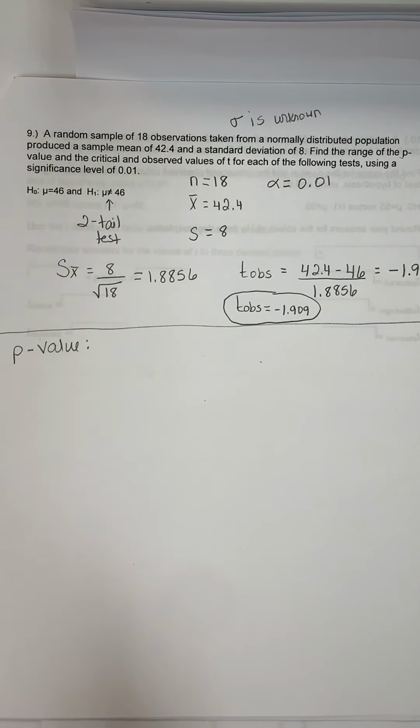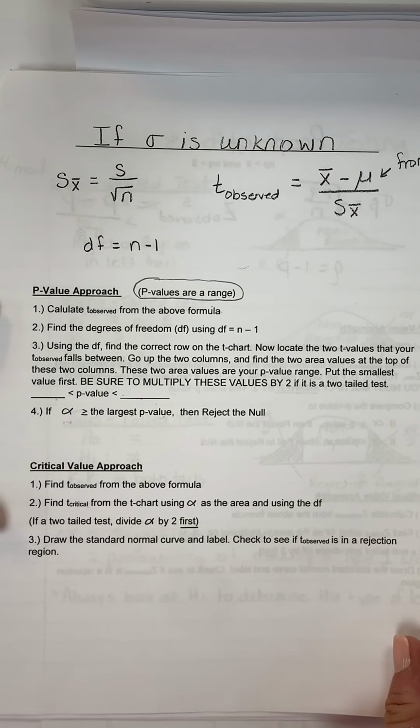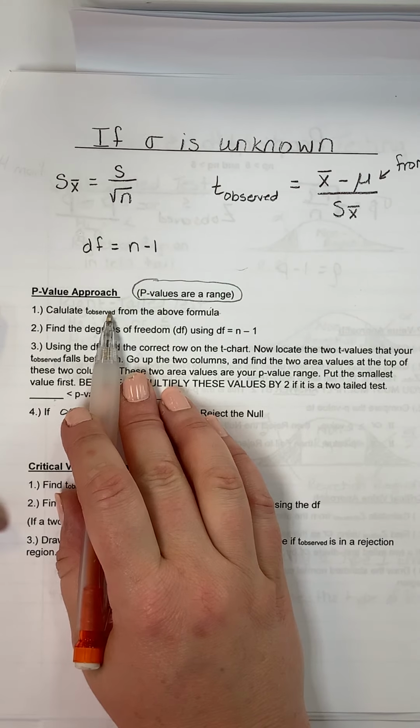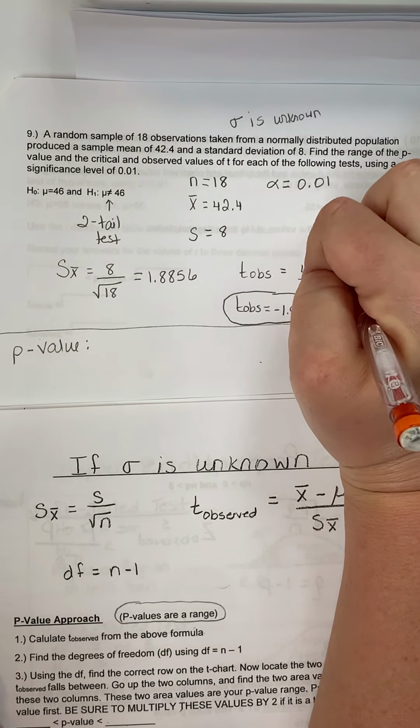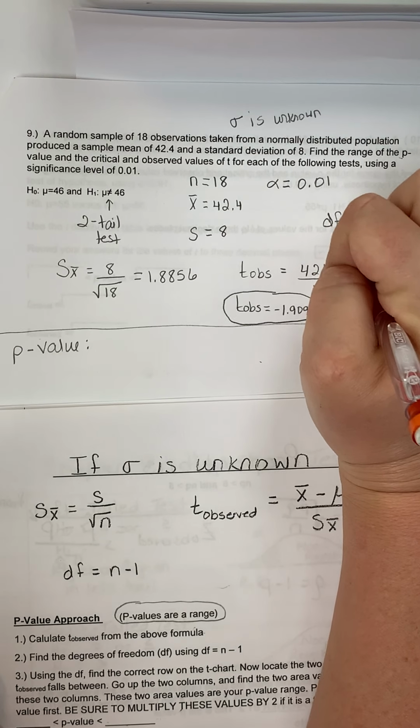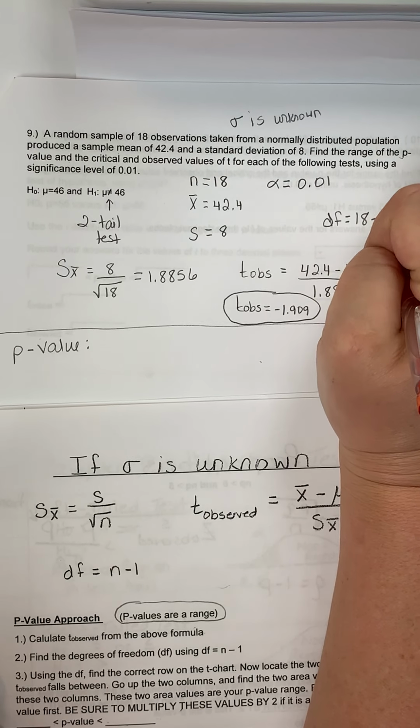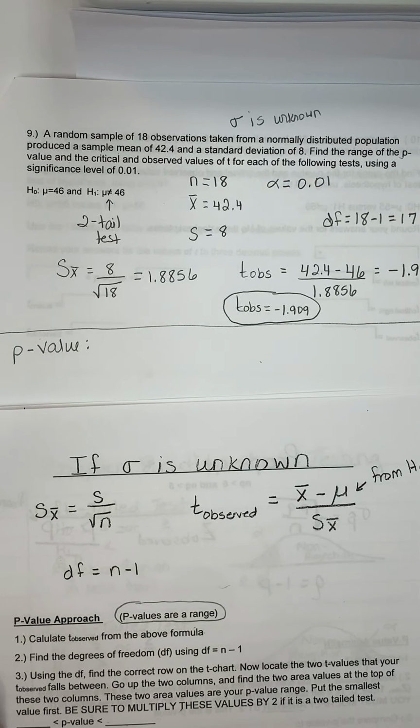We're going to go back to our little reference sheet. We've already calculated t observed. Now I need the degrees of freedom. I should have probably just done that up here. Degrees of freedom are 18 minus 1, that's 17.